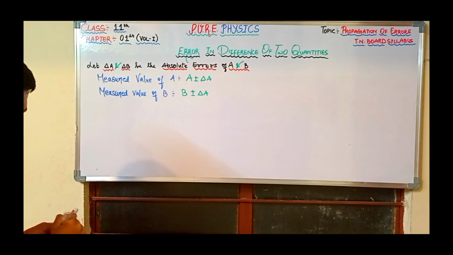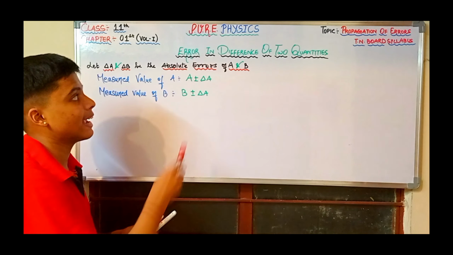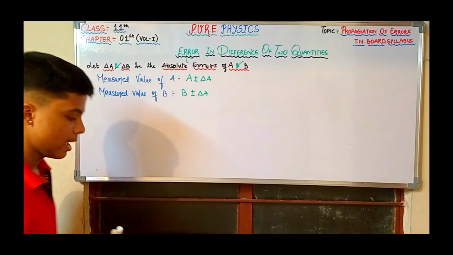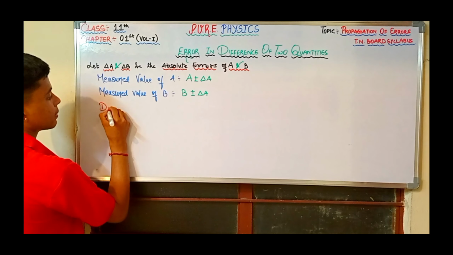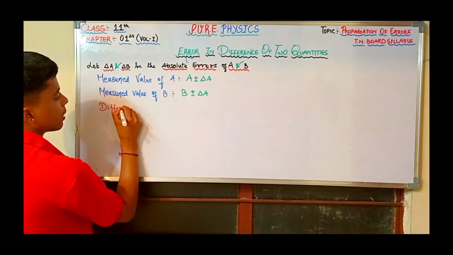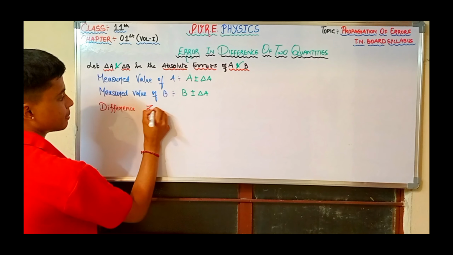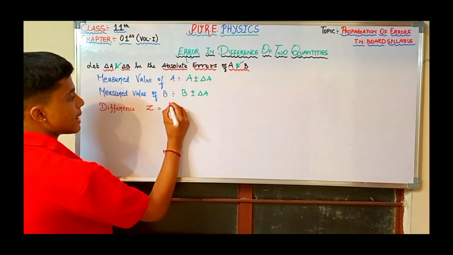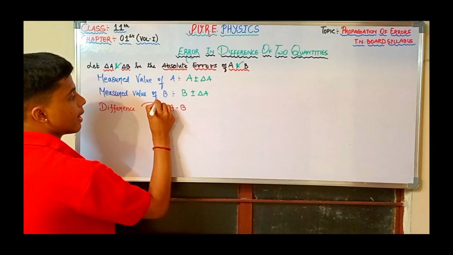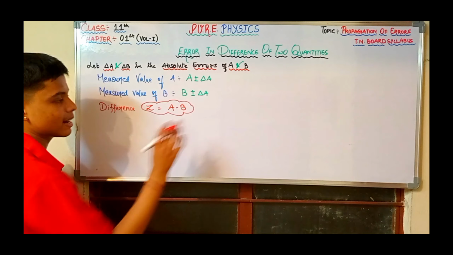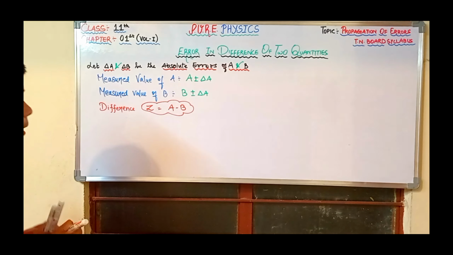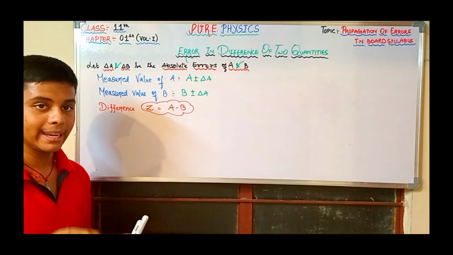Since I'm going to find the error in the difference between two quantities, I'm going to take the difference as Z. Z is equal to A minus B. This is my expression before I start the derivation. Now this final answer will also contain error.